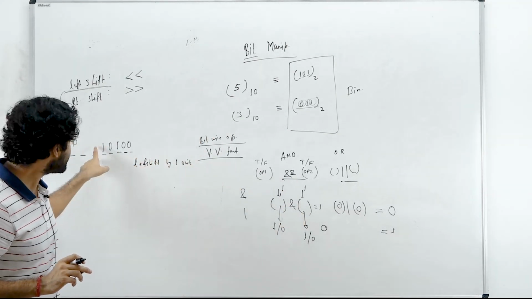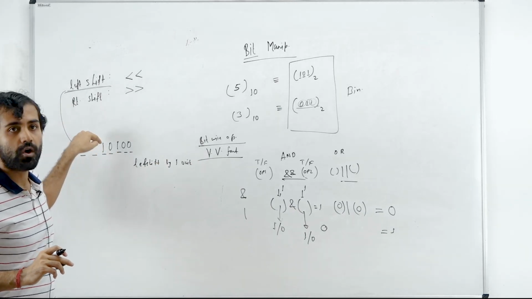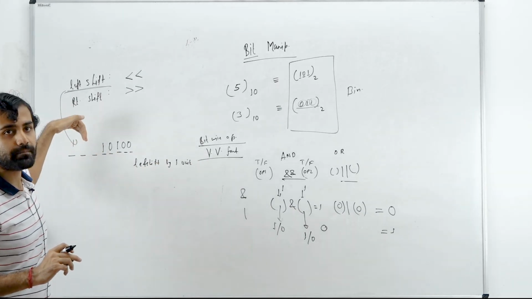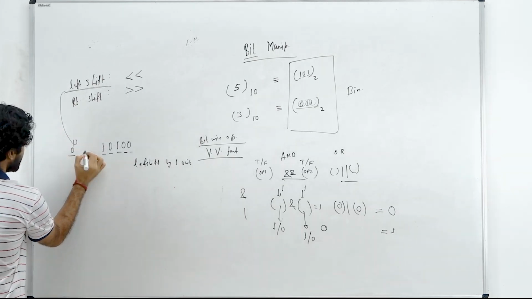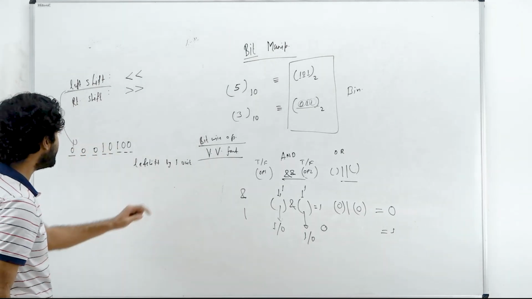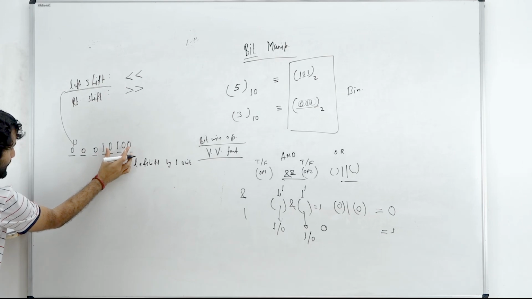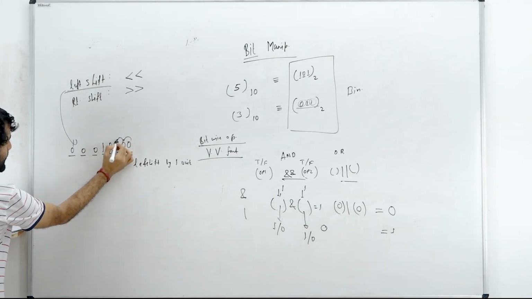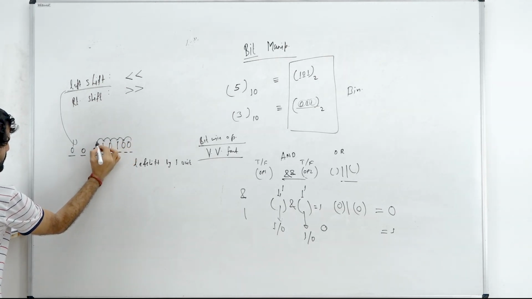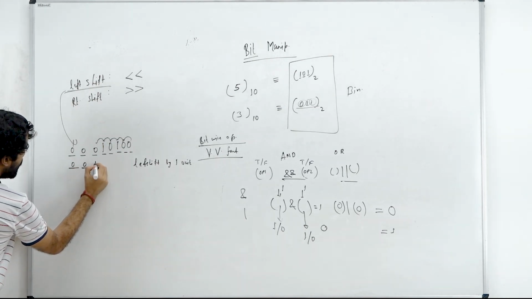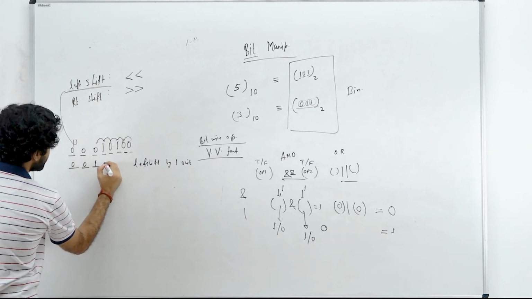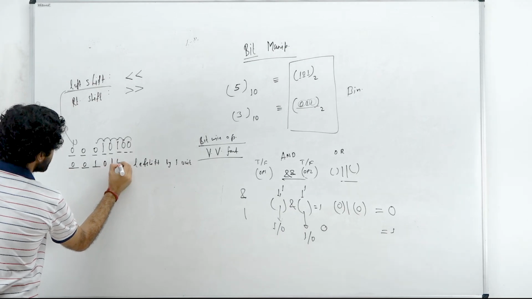If this number's most significant bit is 1, all of them will be 0, right? So I can just prepend all of them with 0. Left shift by 1 unit means that you will shift all the bits by 1 unit to their left. Once you do that, this remains 0, this remains 0. Now 1 comes over here and then 0, 1, 0, 0.